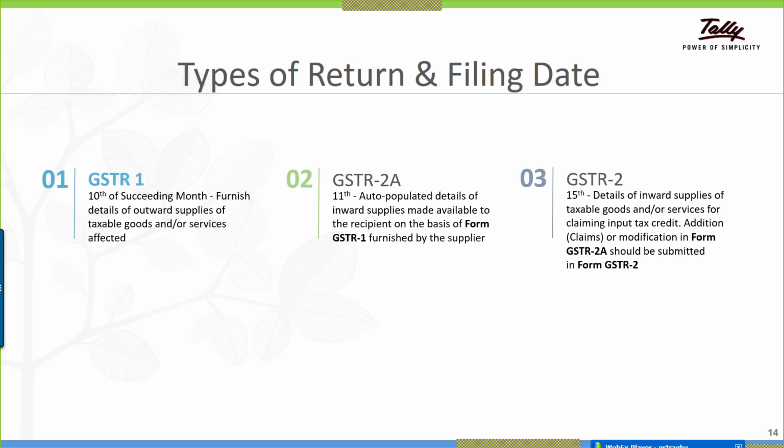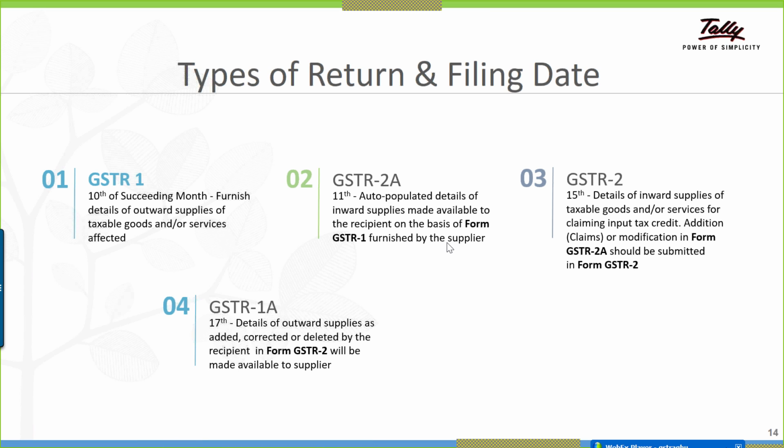Correct? As you already got GSTR 2A, you can go through it, and if you want you can make necessary changes and upload to the department. All the purchases whichever you made, the system itself will provide you the information. You can add or edit and upload GSTR 2 on the 15th.